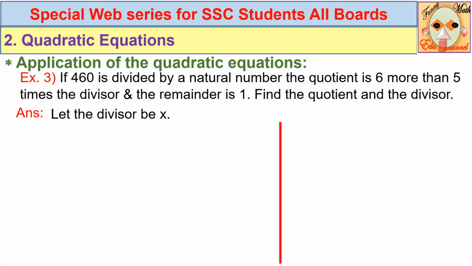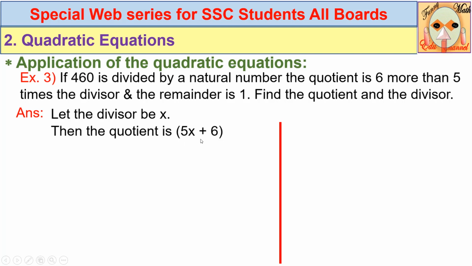How? Let the divisor be x. And the quotient will be 5x plus 6. This you should first understand very well, because in the line they have given the quotient is 6 more, that is added 6, 5 times, that is 5 into x, the divisor was x, so 5x plus 6 is our quotient.